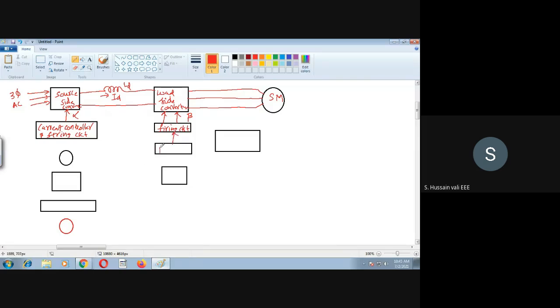This is the phase delay, Id, then this is the current limiter, speed control.